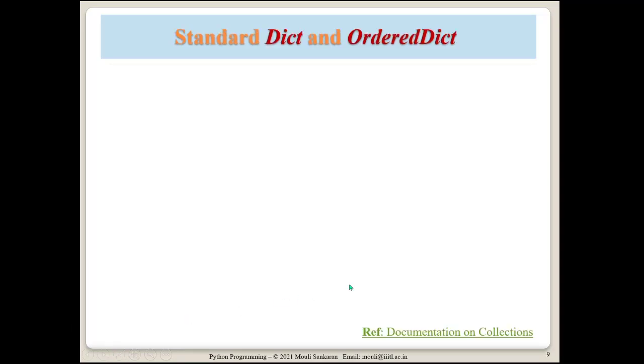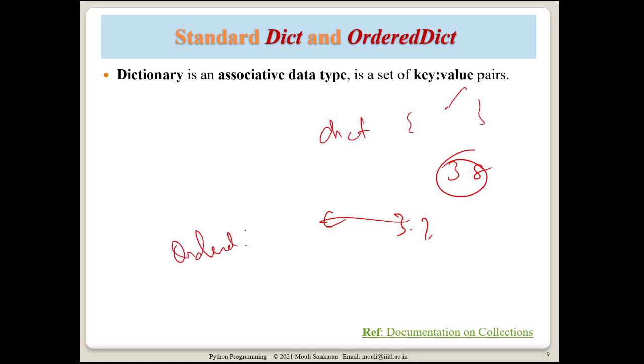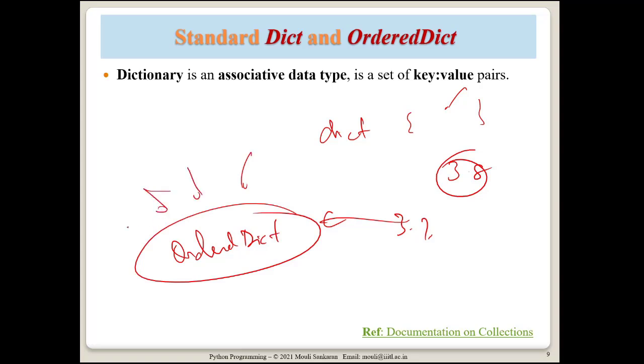Now, ordered dictionary. Prior to version 3.8 or 3.7, the earlier versions, the dictionary did not maintain the order in which the items were added. So there was a requirement for an ordered dictionary which was taking care of that. When you are adding multiple elements, the order in which you added them is also internally maintained in the ordered dictionary.